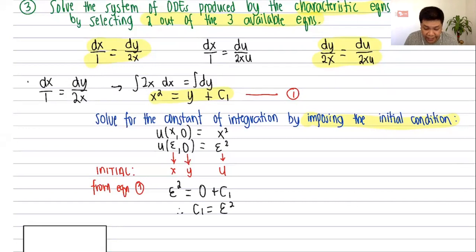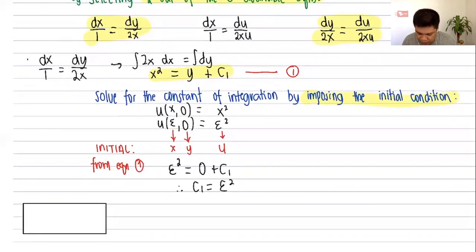Therefore, I can again rewrite equation 1, having solved the constant of integration, as x squared is equal to y plus the constant of integration epsilon squared. This is now what we call equation A. Are we clear?